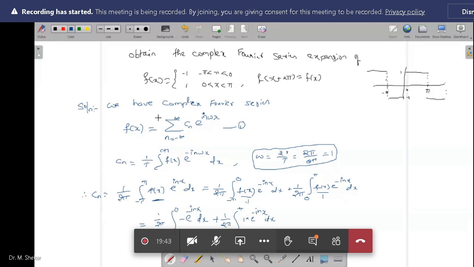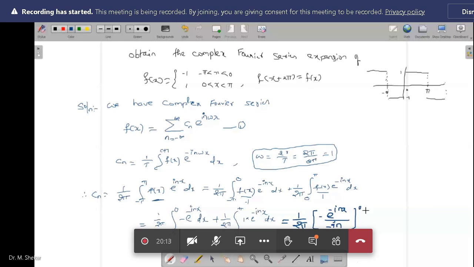Okay, now we need to integrate. This is equal to 1 by 2 pi into the integration of e power minus i n x, which is minus e to the power minus i n x divided by minus i n, with limits from minus pi to 0.